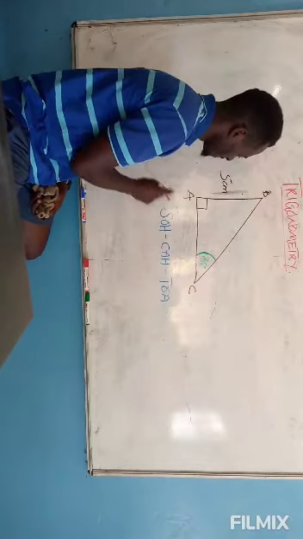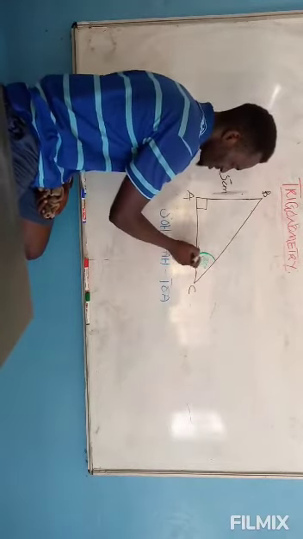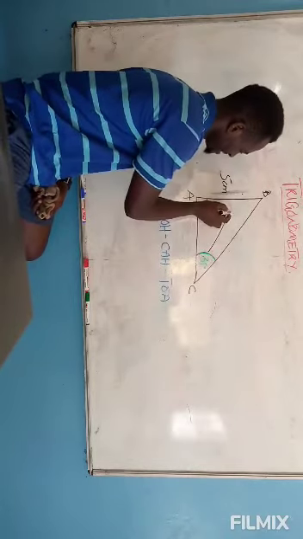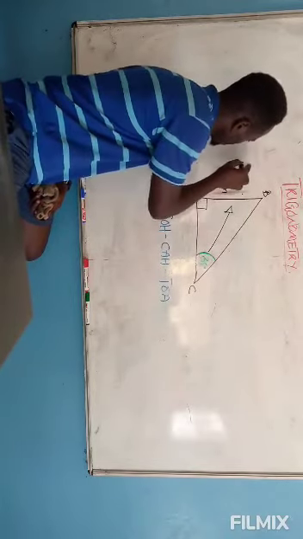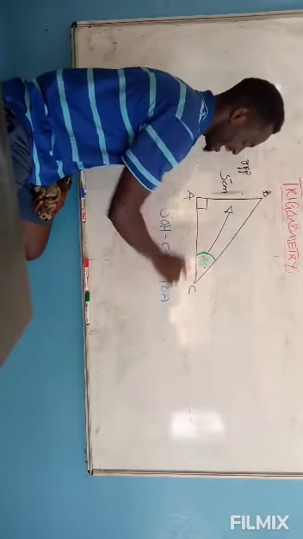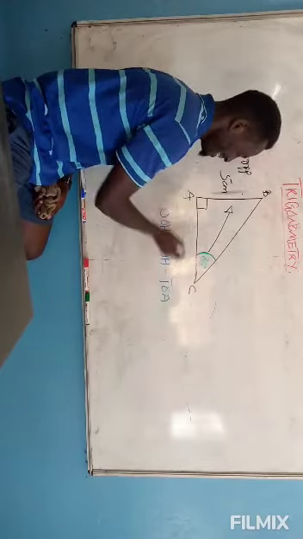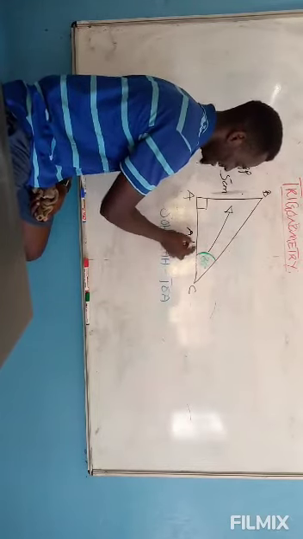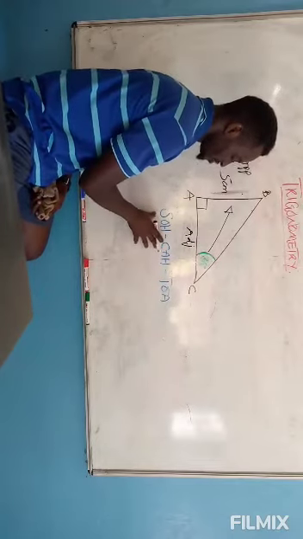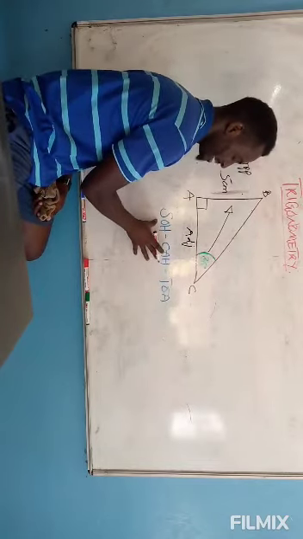That means my angle still remains. I can see that side AB is opposite to this angle, and the side I am asked to calculate for, which is side AC, is exactly the adjacent. Meaning the only trigonometric ratio that I can apply here is the tangent.